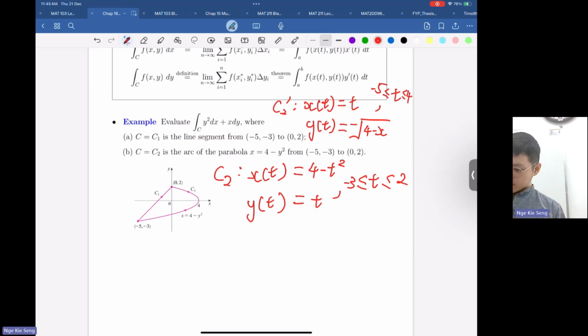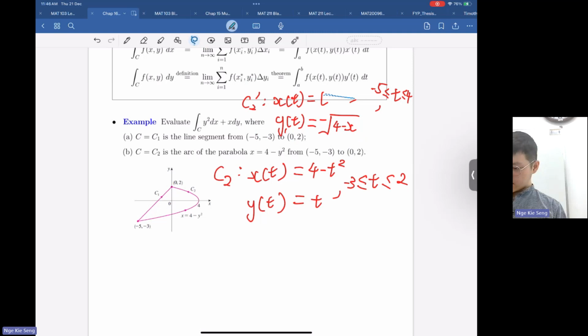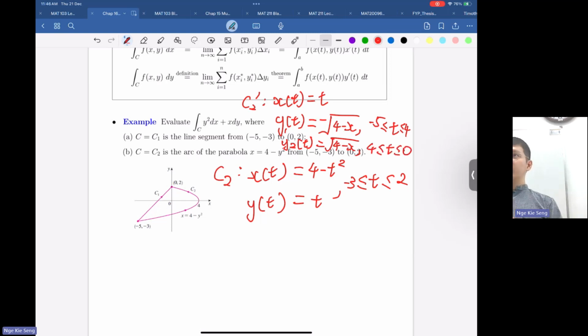This is for y1t, and then you should take another one, y2t, which is the square root of 4 minus x. The time is going from 4 to 0. So your time runs backward.